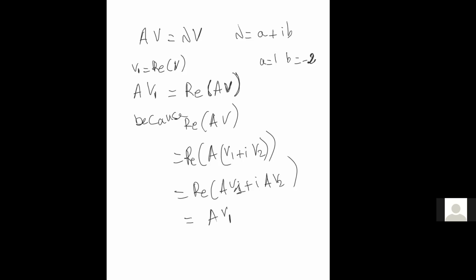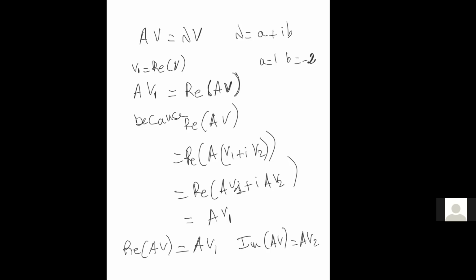So the real part of AV is AV1, and the imaginary part of AV is AV2, all right?